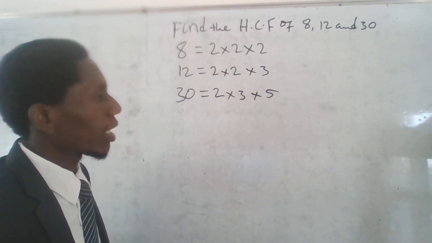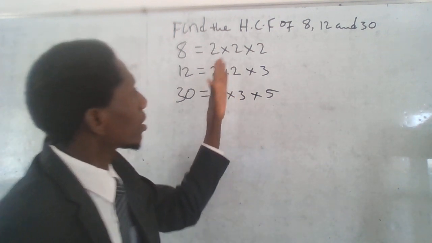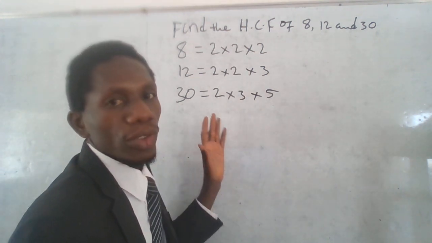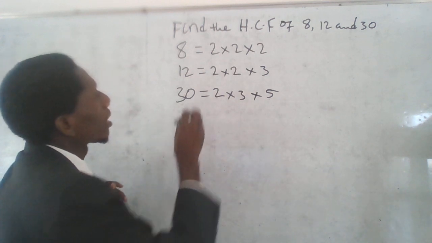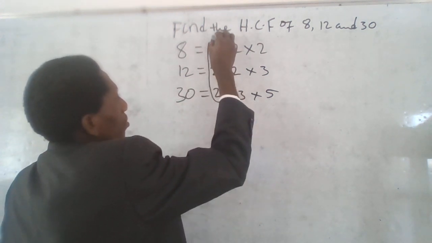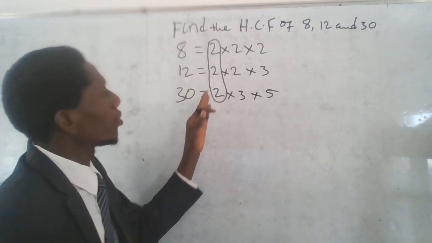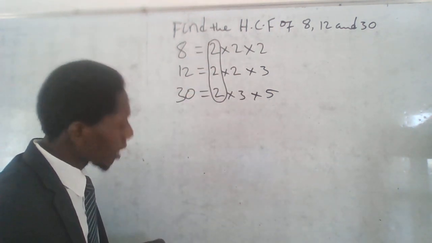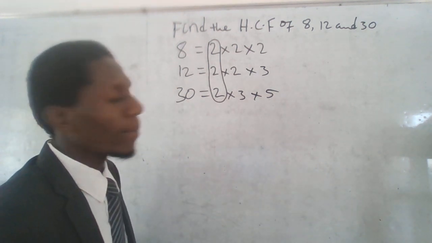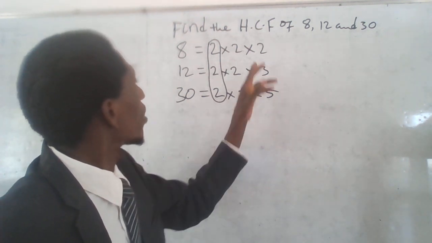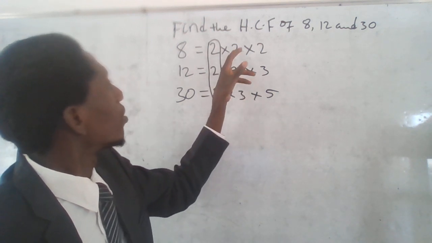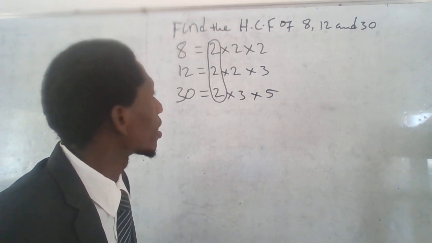So now we can look at all these numbers. The ones that appear the most can give us the highest common factor. We have 2 that goes into almost all of these numbers without remainder, but 3 cannot go into every number here. 3 can go into 12, but it cannot go into 8 without a remainder.